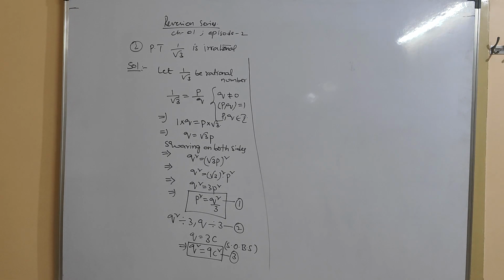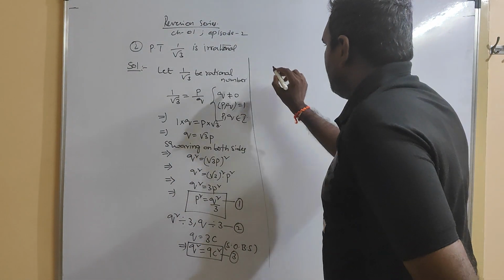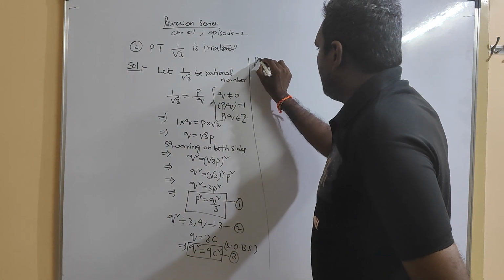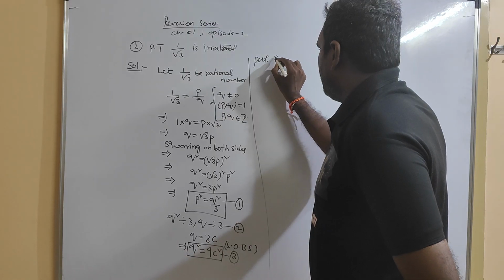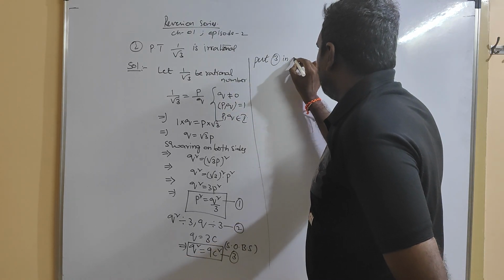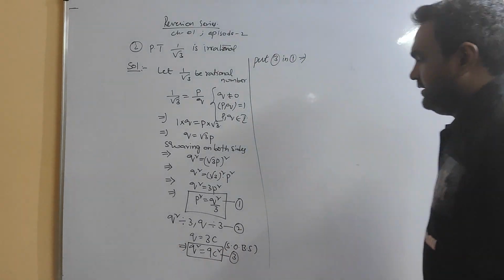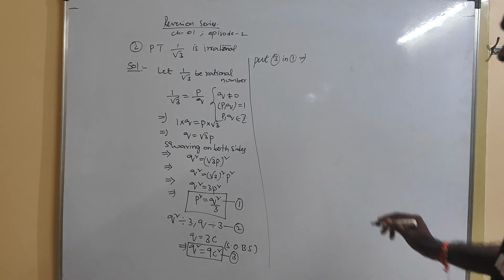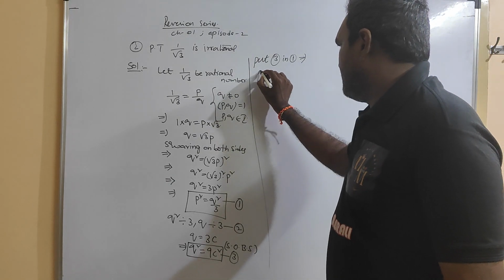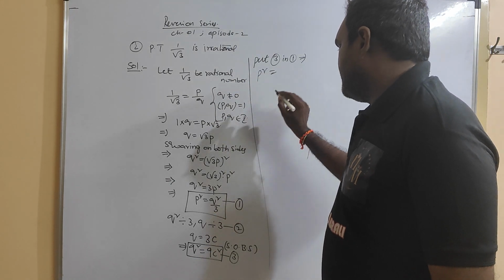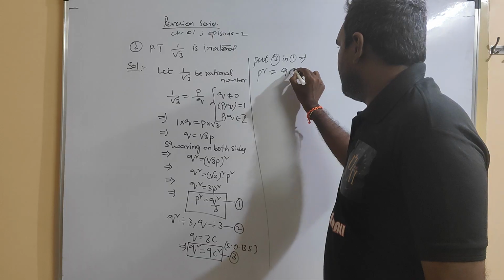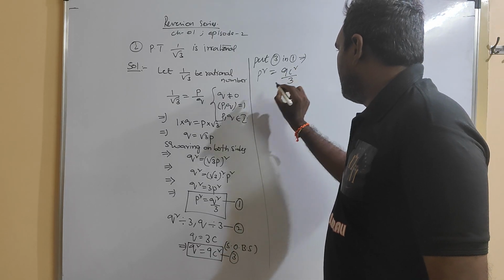And next see what we have to do. Put 3 in 1. If I put 3 in 1, what will happen? p square is equal to, what is q square? 9c square by 3.